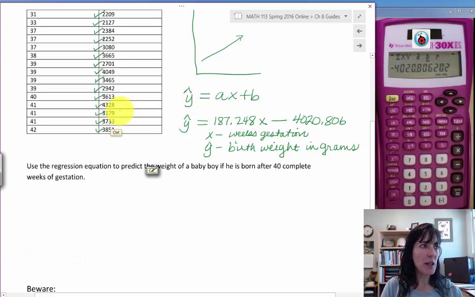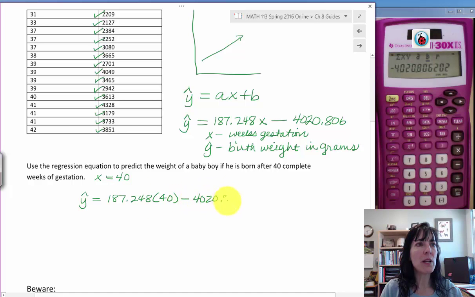What I want to do then is say my x is 40, and then I will plug it into my equation. My y hat is 187.248 times that 40 minus 4020.806.